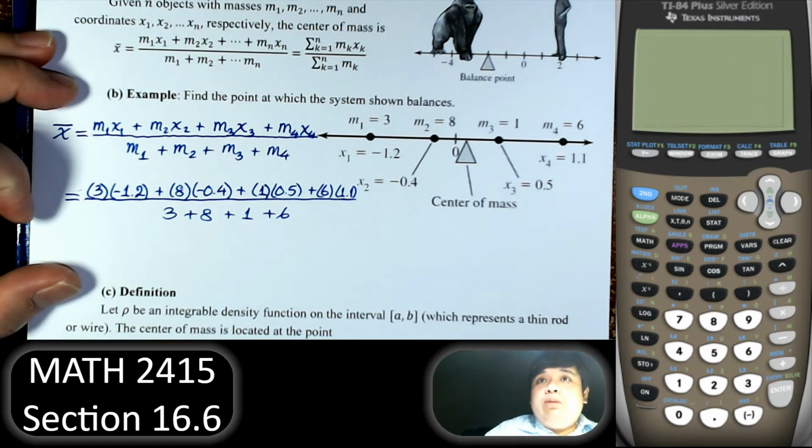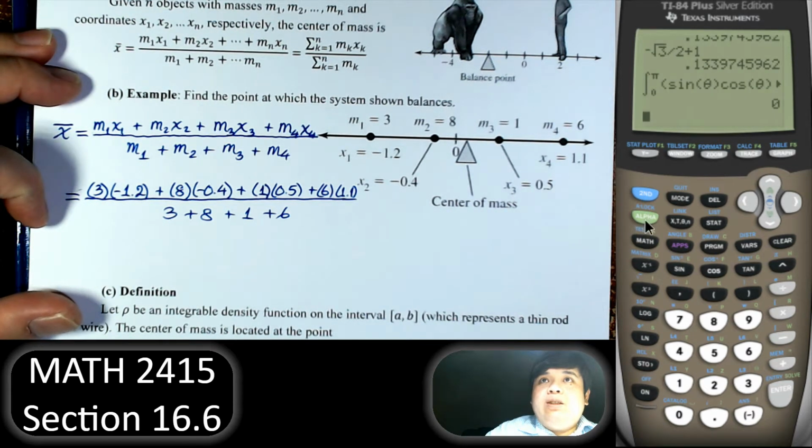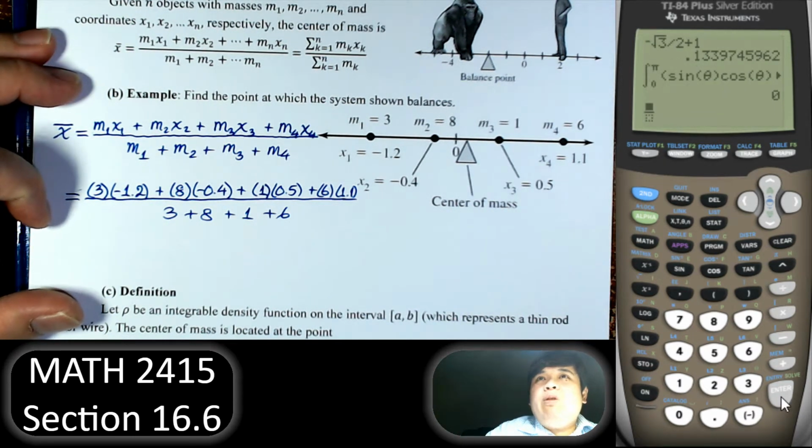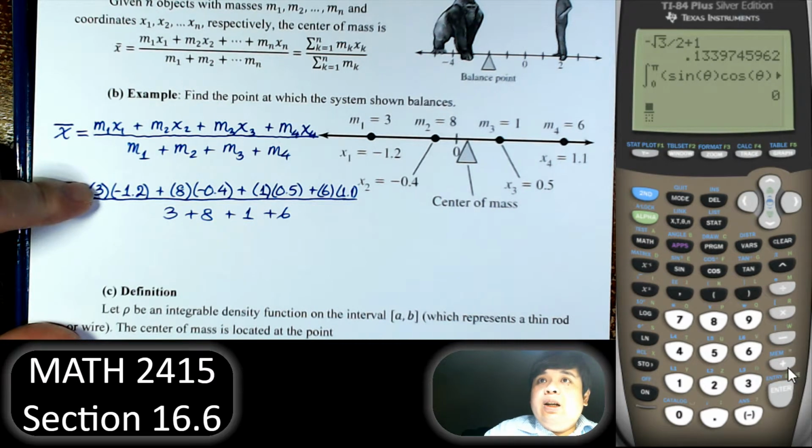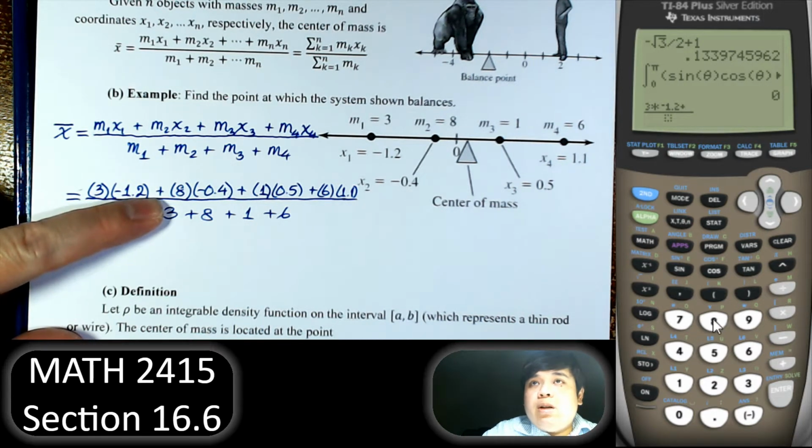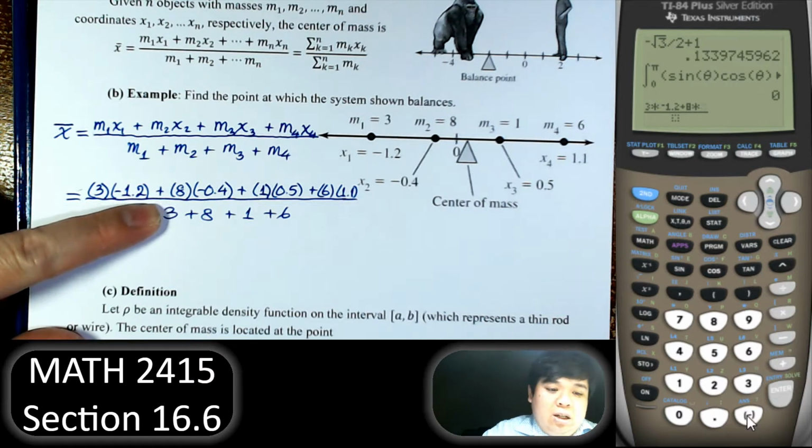I'm just going to put all of them in the calculator. Fraction: 3 times negative 1.2 plus 8 times negative 0.4 plus 0.5 plus 6.6.